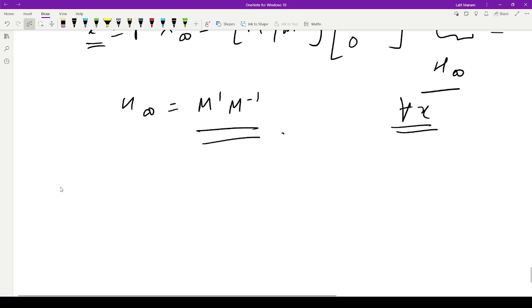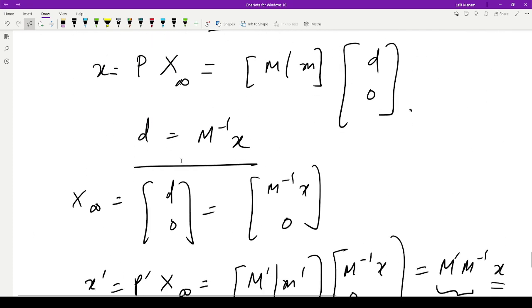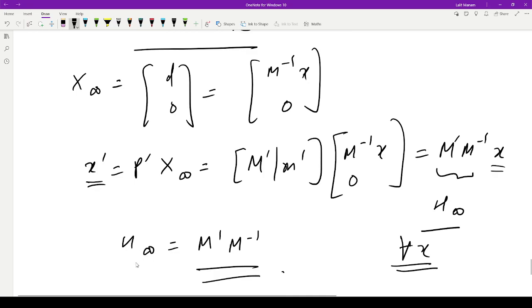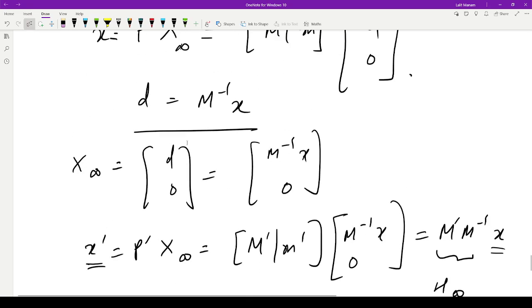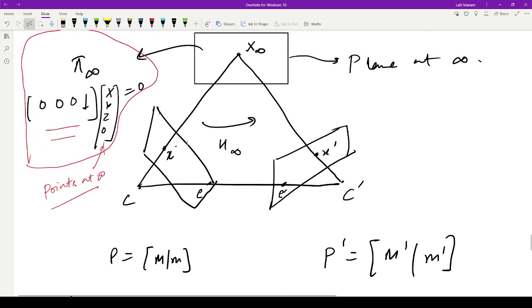So how do we do that? Any idea? Given that we now have h infinity. It should be simple now, right? Yeah. So x transpose H infinity transpose F x will be equal to 0.